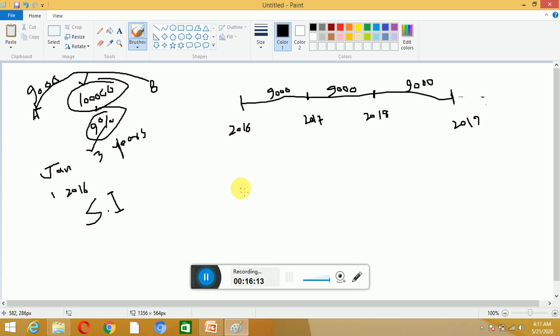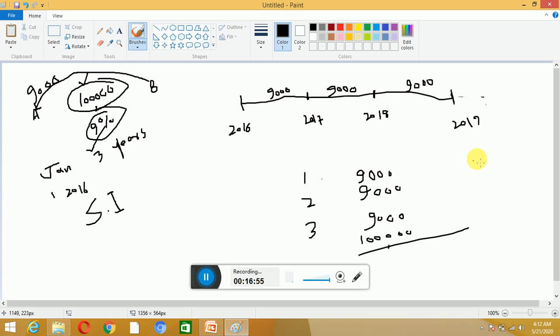So see, year 1, A receives 9,000. Year 2, A receives another 9,000. Year 3, A receives another $9,000, and then he also receives his principal amount. Leave the principal amount and look at the profit.